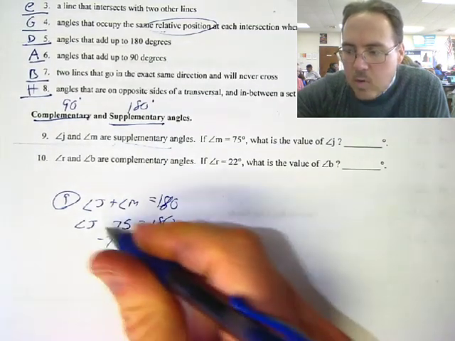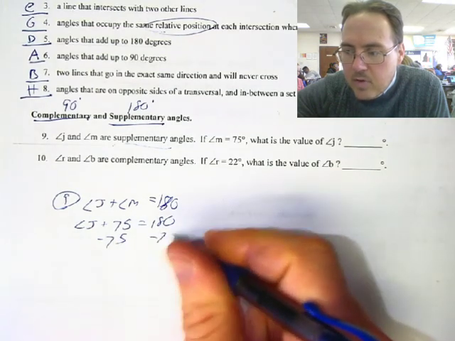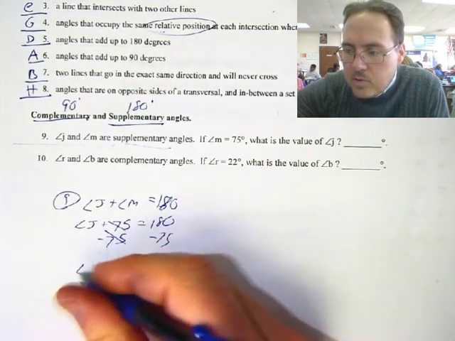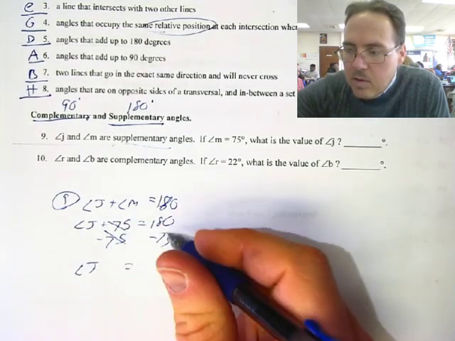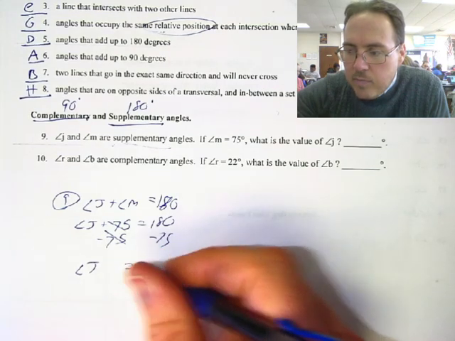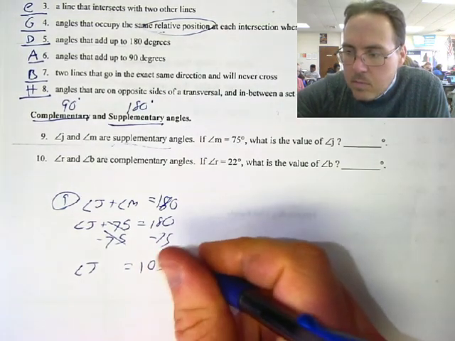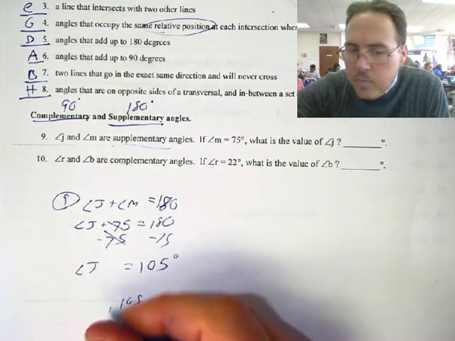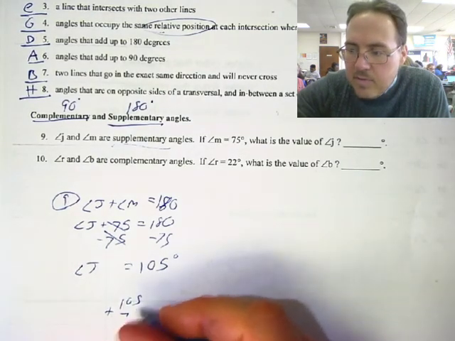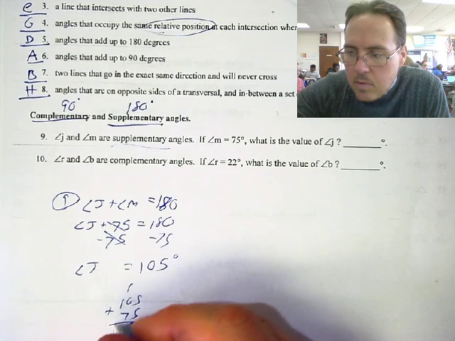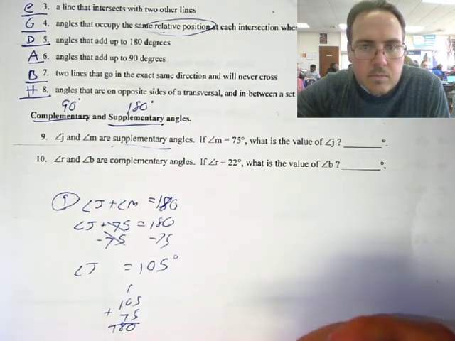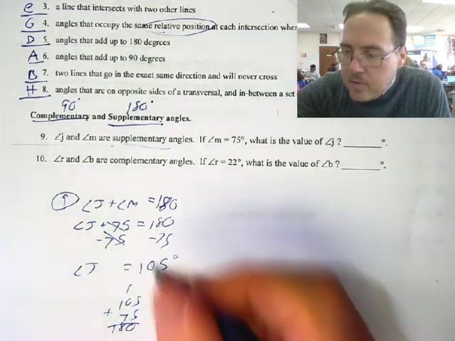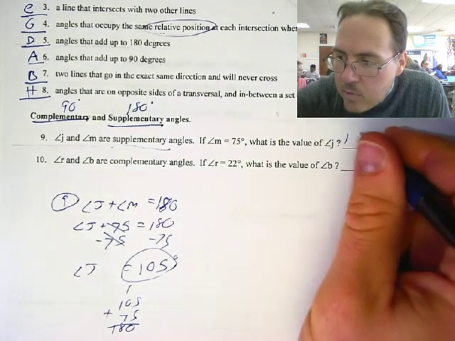So I can just take away 75 from both sides of this little equation I just made up. So angle J is going to be 180 minus 75. I think it's just 105. We can test that. 105 plus 75, yep, it's 180. So our answer for angle J would be 105 degrees.